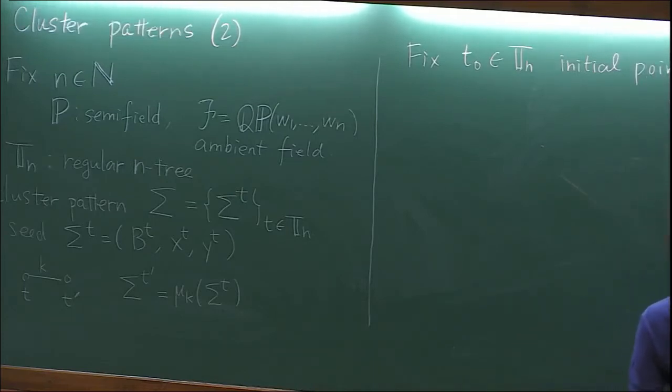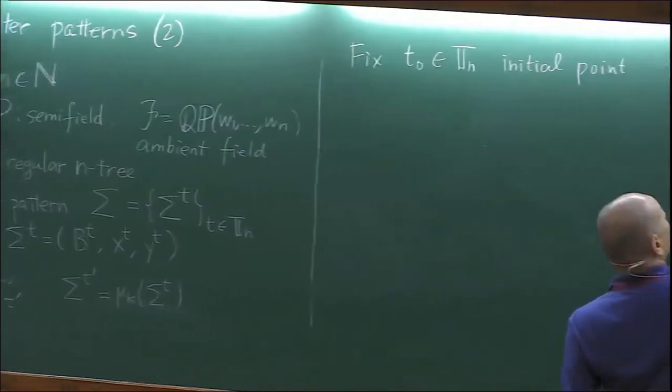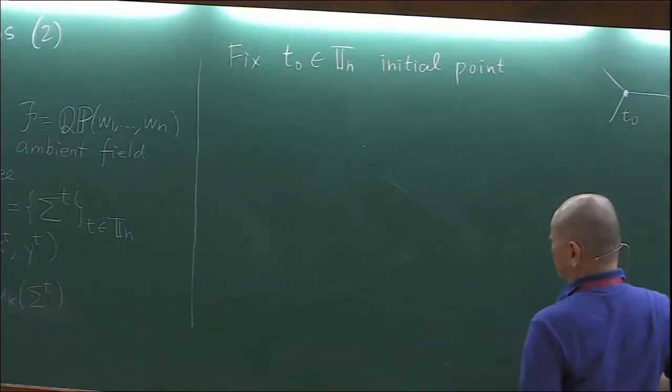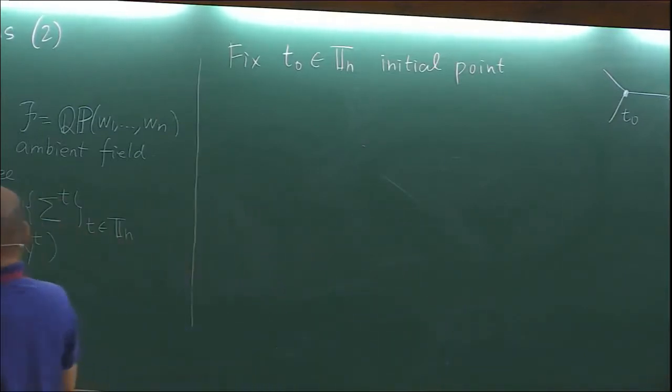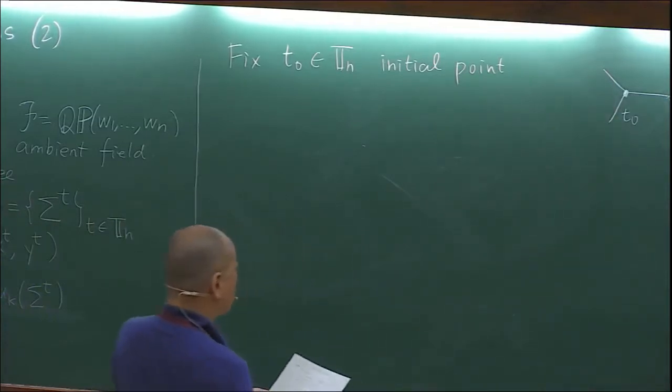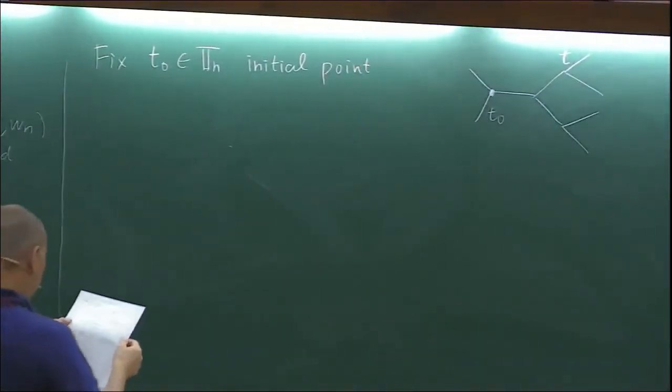So you have some tree graph, and you fix some initial point. And the purpose of studying a cluster pattern is to express those things using the initial variables sitting at the initial point.